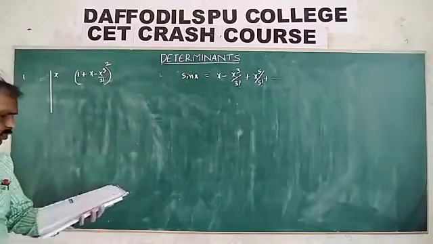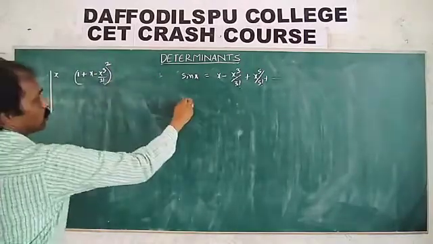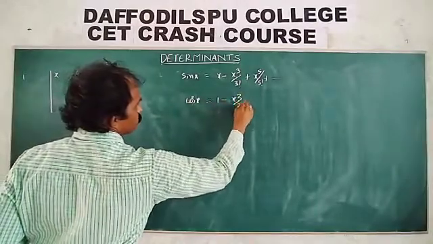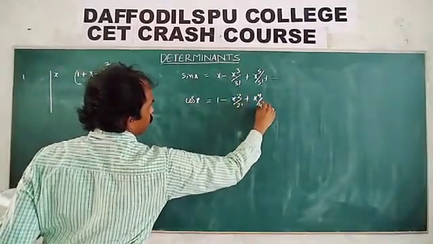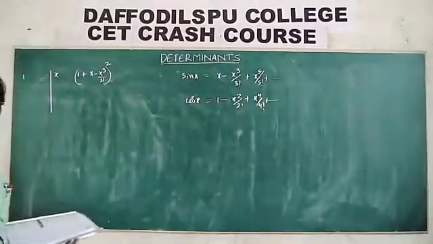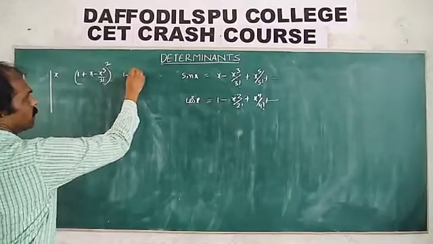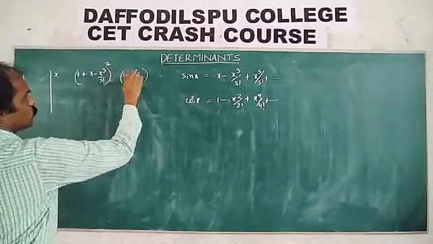They ask only the x coefficient. Next, cos x is equal to 1 minus x square by 2 factorial plus x power 4 by 4 factorial and so on. Since they ask only the x coefficient, in place of cos x substitute 1 minus x square by 2 factorial.